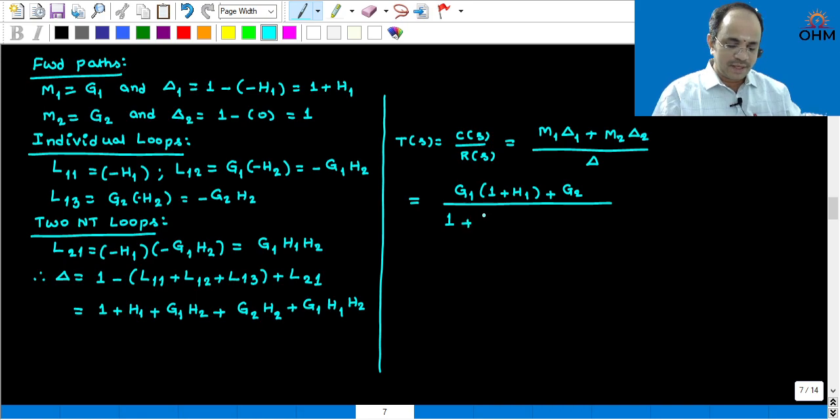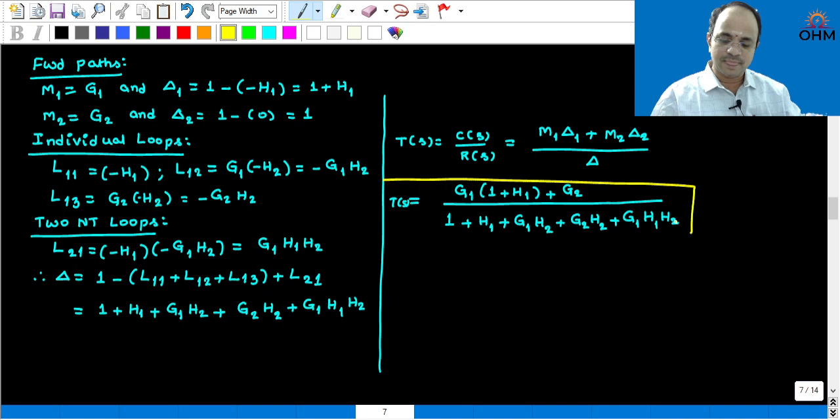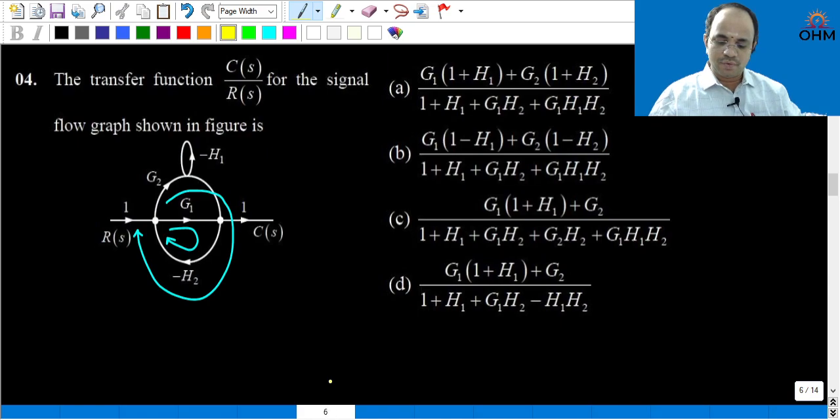Denominator 1 plus H1 plus G1 H2 plus G2 H2 plus G1 H1 H2. So, this is the required transfer function. So, G1 into 1 plus H1 plus G2, I think option C will match with the required answer.